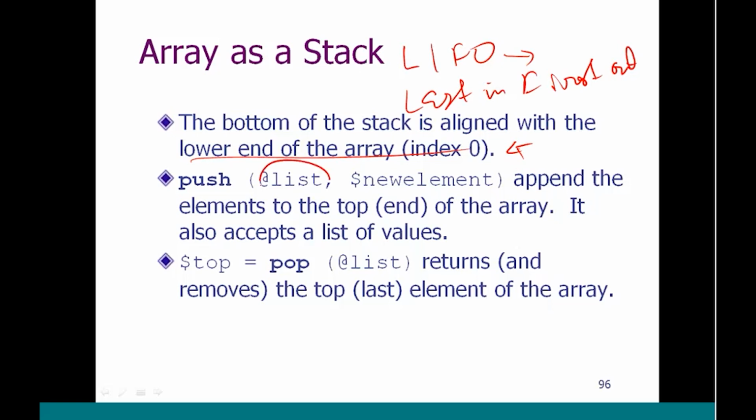So @list is the variable that holds all the values. So this is one way to do it, basically add the list and then the new element, using the push command. This appends the element at the end of the array. So you have 1 through say 5, and then when your turn comes, that gets added as number 6 at the end. So somebody has to do memory management all the time to understand what is going on.